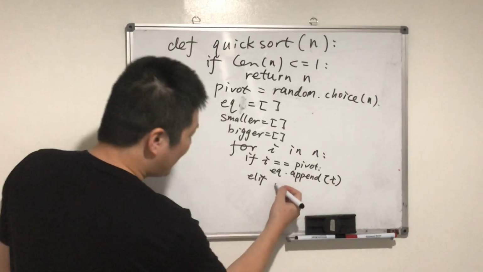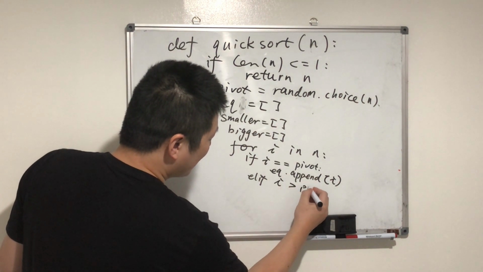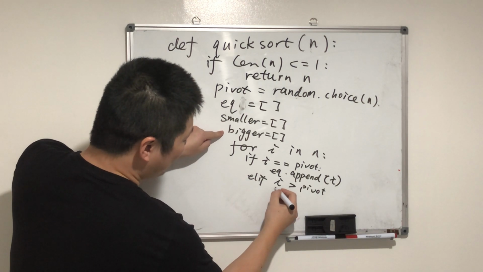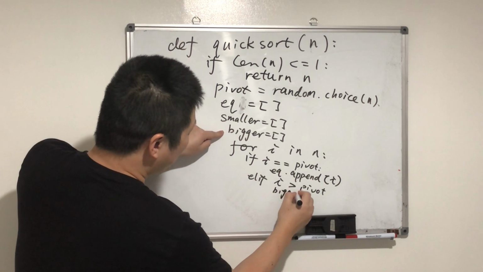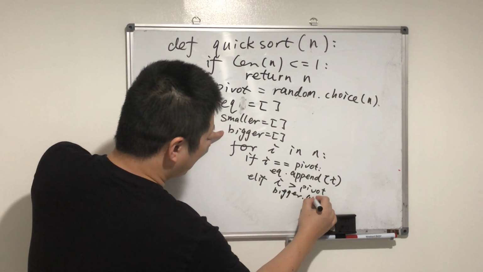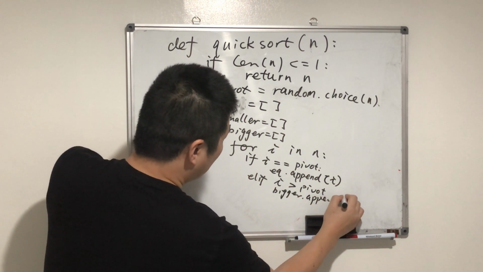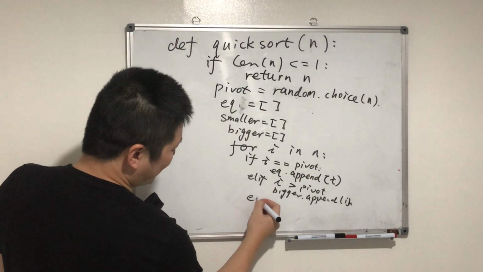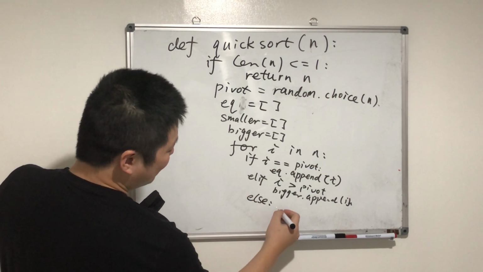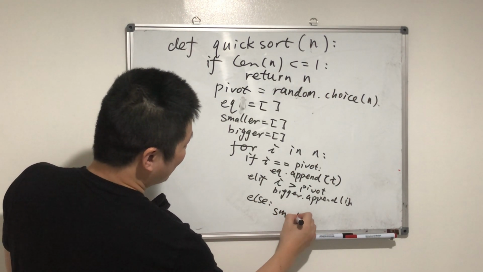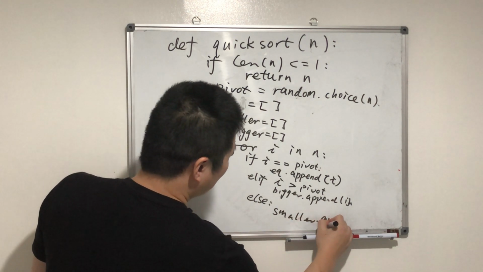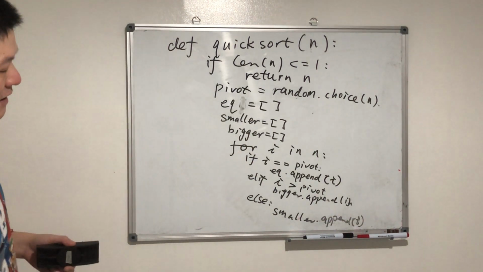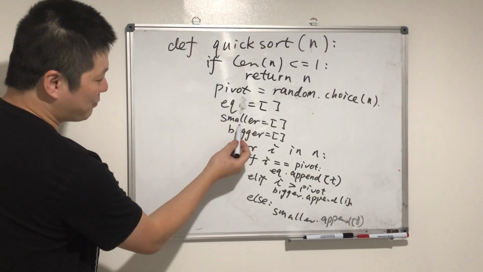Else if I is bigger than pivot, then bigger append I. And can you tell me what's next? Else, smaller append I, right? Now we have the equal part, smaller and bigger part.